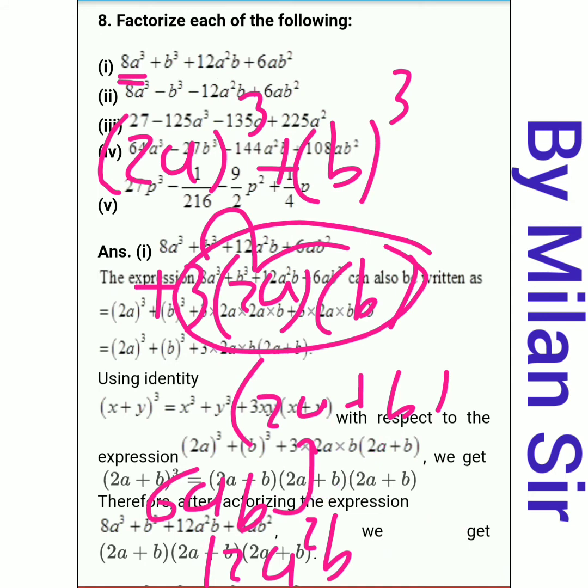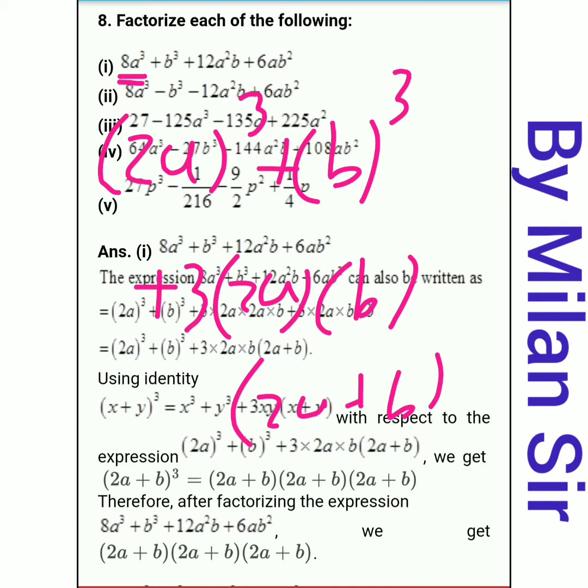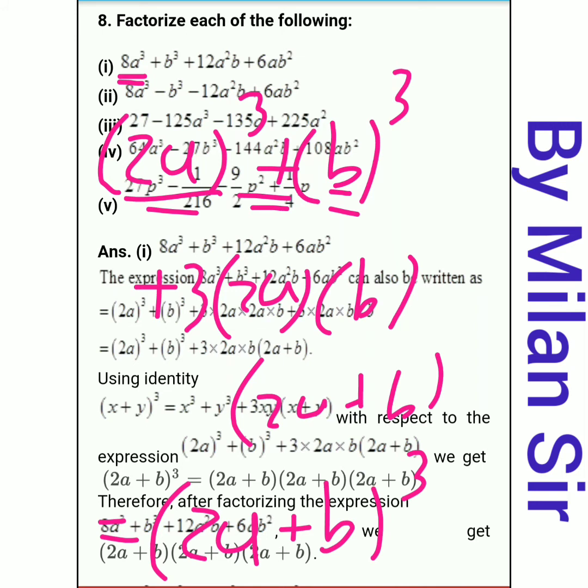So first of all we need to write up to this step: (2a) all cube plus (b) all cube plus 3 in bracket 2a in bracket b in bracket 2a plus b. Here we need to check, but this checking is our rough work. After this step we can directly write first bracket 2a, sign positive, and second term b, all cube.